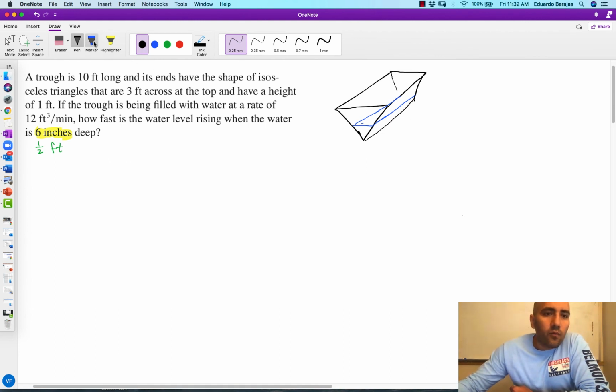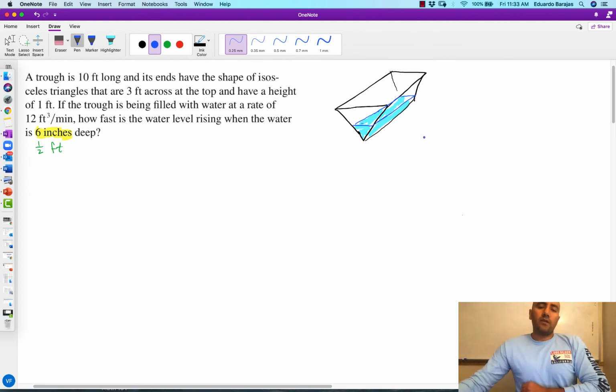Okay, so we have water, and let me highlight that water like this. Water like that. Okay, close enough. So here's our trough. It's got triangles, and there's this water being filled.